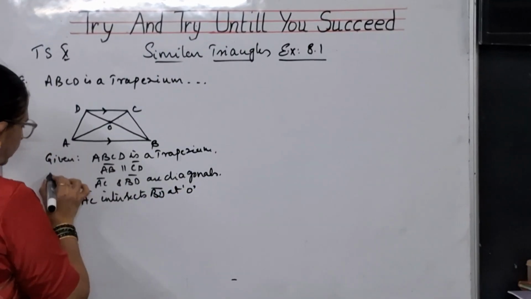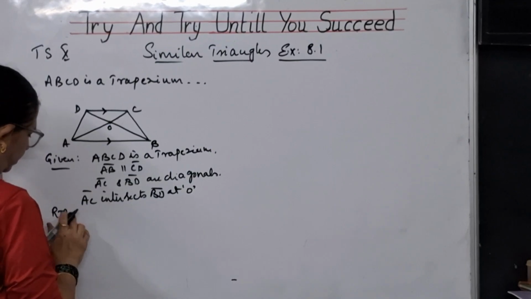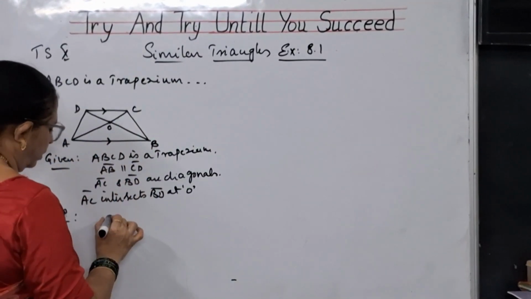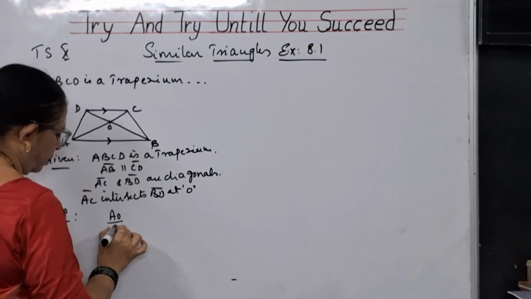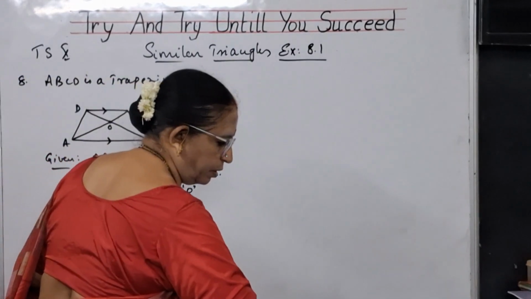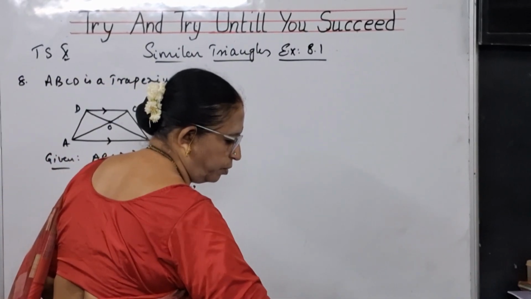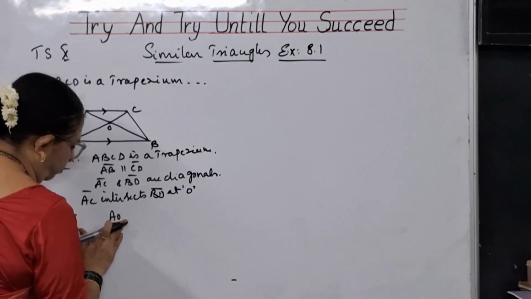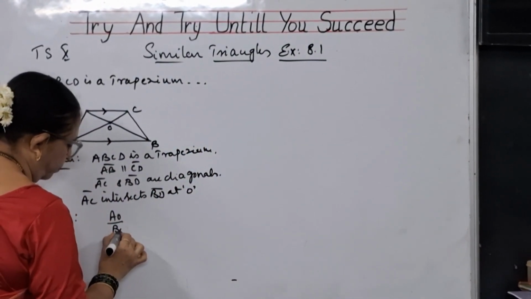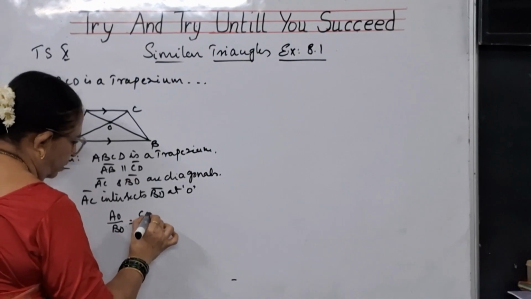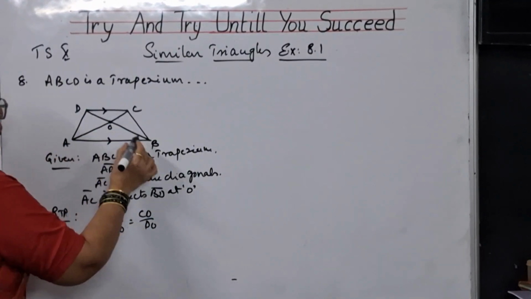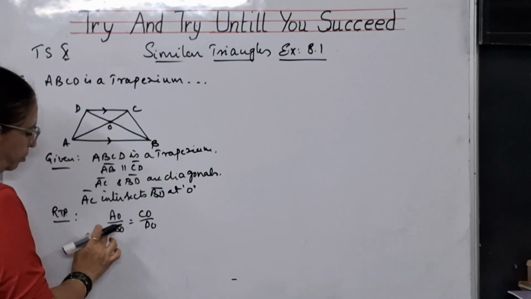Now, what is RTP? AO by BO is equal to CO by DO. What do you mean by this, children?